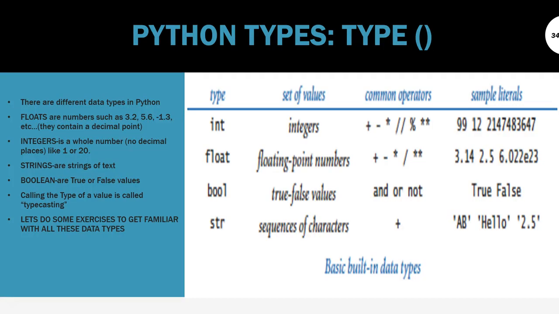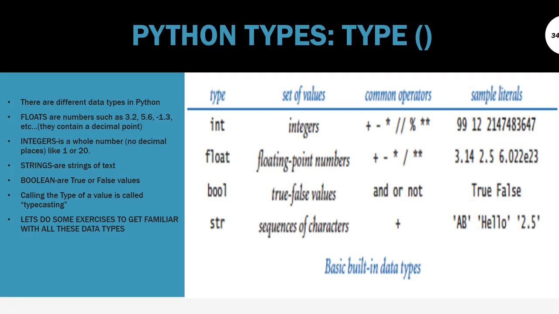What I wanted to talk to you about now is the Python types or type function. There are different data types in Python, and we already have talked about some of them. We got floats, which are numbers such as 3.2, 5.6, or minus 1.3. Those numbers are called floats because they contain a decimal point.